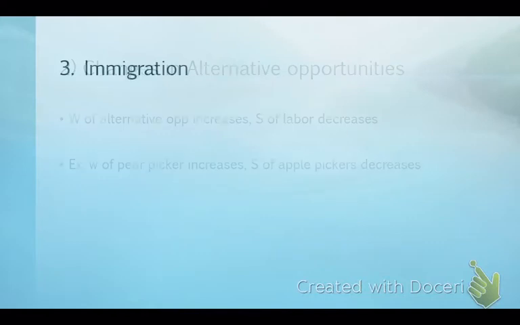All right. The third one, immigration. What do you think immigration is going to do to the supply of labor? Yeah, it's going to increase it. It's a big issue right now in the presidential election. Should we allow immigrants from Mexico to come and work, even though they aren't citizens? They boost our economy.